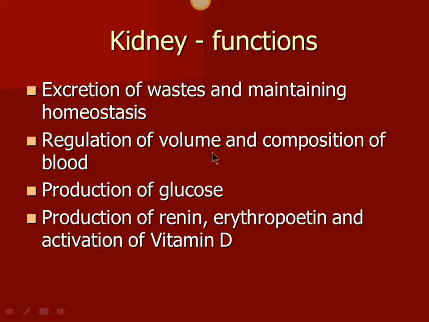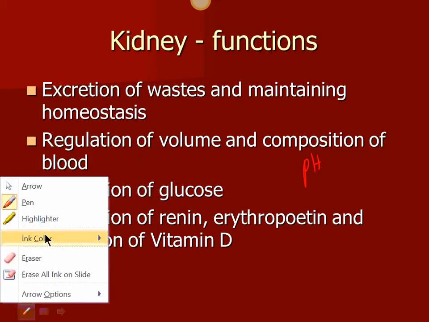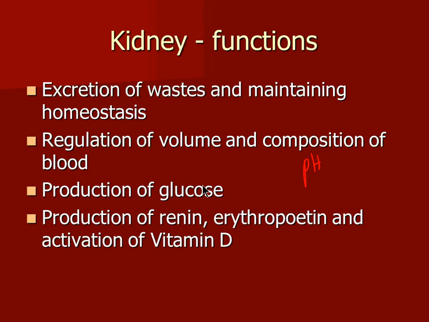Then it regulates the volume and composition of blood, and again, in composition, there is the pH. And in the volumes, you can understand that if, for example, your blood volume is very low, then you automatically pass less urine out. And we did the endocrine system, you know that ADH is produced when your blood volume becomes very low. So you want to conserve water.